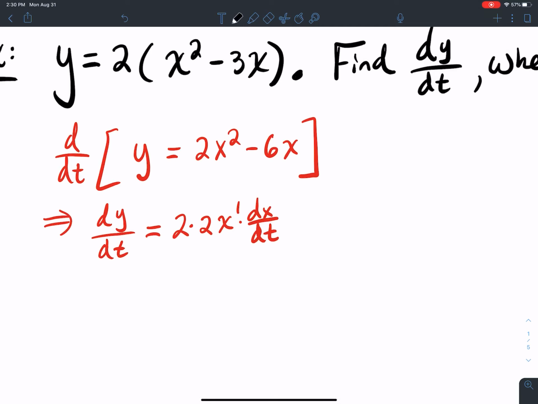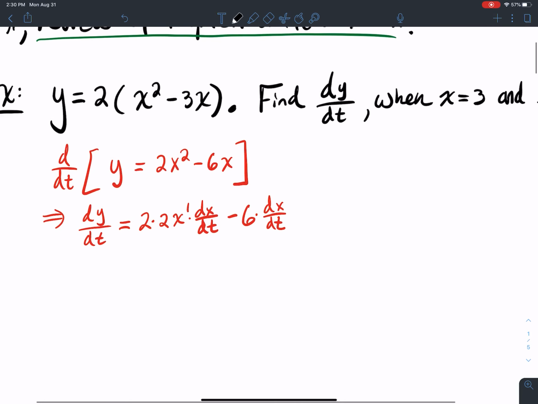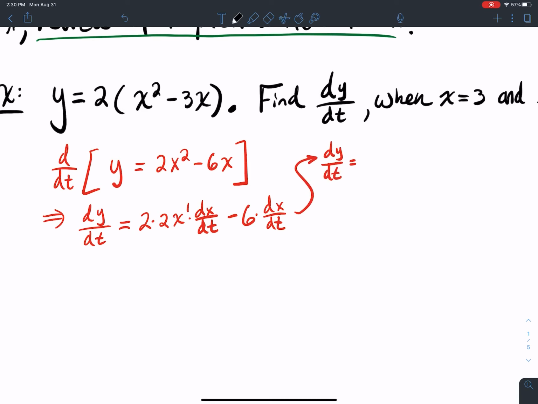which is dx/dt. And now I want to take the derivative of minus 6x with respect to t. So the negative 6 comes out front, and the derivative of x with respect to t is dx/dt. Okay, so I've got my derivative now. I'm going to plug in x equal to 3. Everywhere I see an x, I'm going to put a 3.